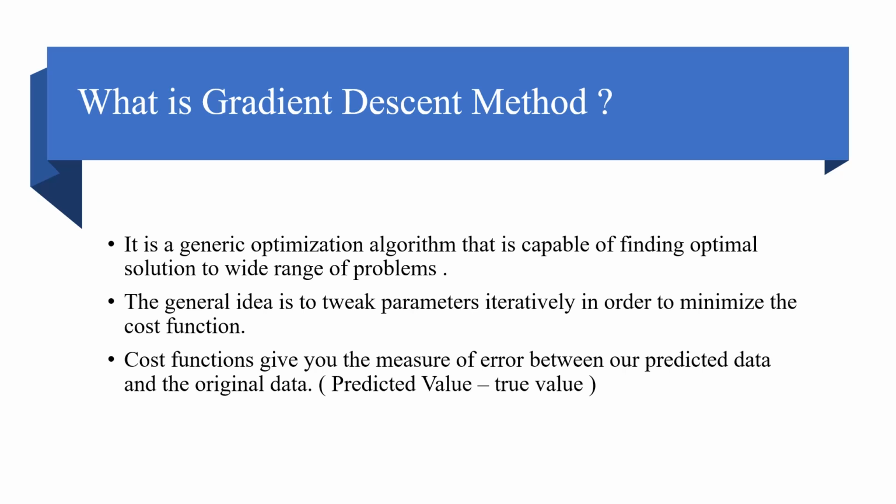The goal is to estimate the parameters theta, so we can make a general equation and use it to predict future values. The cost function gives you the measure of error between the predicted and the original data, so our goal here is to reduce the cost function in order to improve our equation's accuracy.